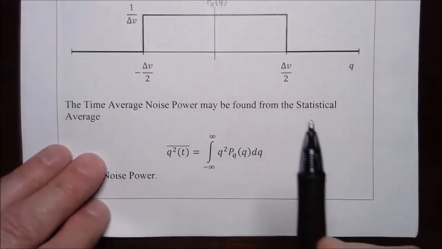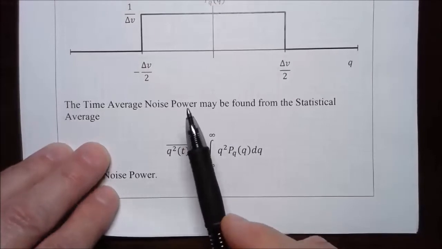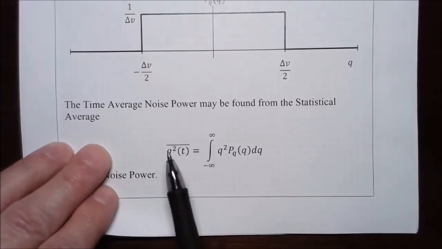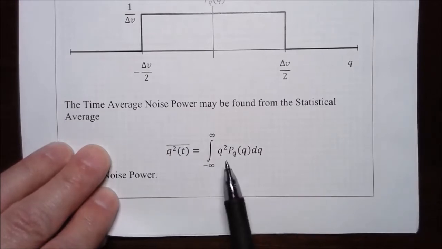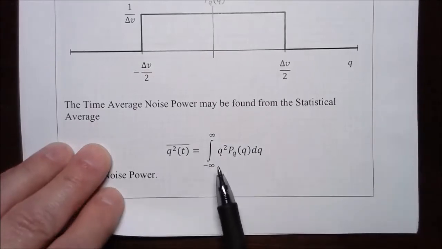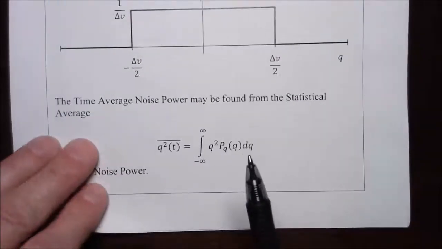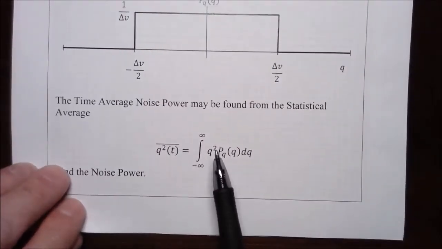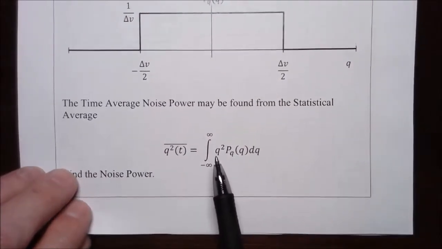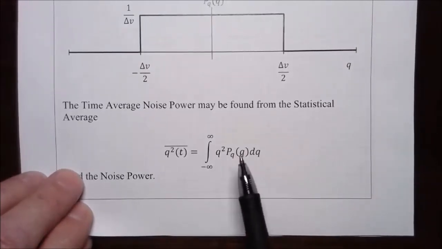Now we can find the average noise power. We're going to find the average noise power by finding the statistical average of Q squared using this probability density function. So this again would be a tool you would pick up in the statistics and probability course.